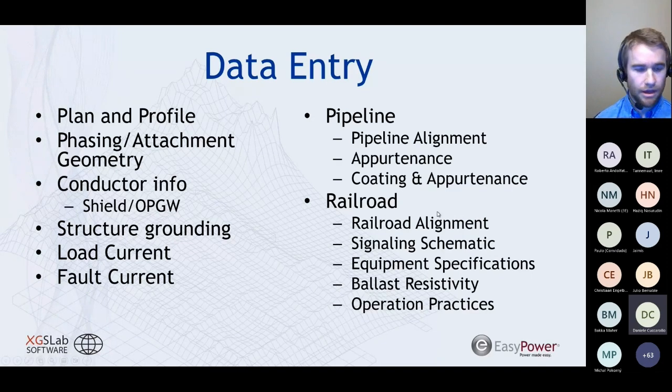On the rail, again, we'll have an alignment that will give us information about the signaling equipment. Different equipment may have different susceptibility to rail voltages, and it's important to have an understanding of the ballast resistivity as well, because that will provide an insulating property to those metallic rails and help increase the overall induced voltages from the shared corridor.